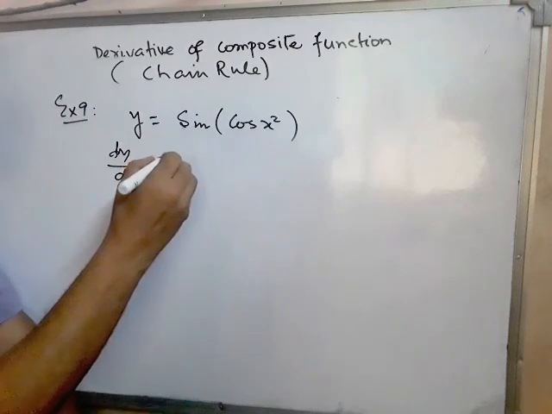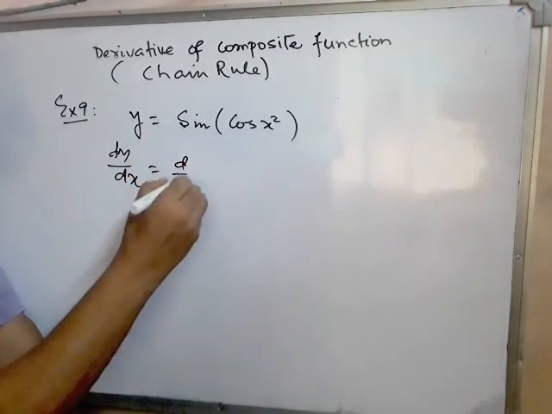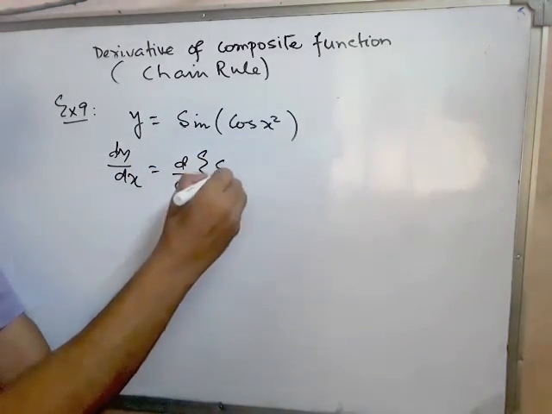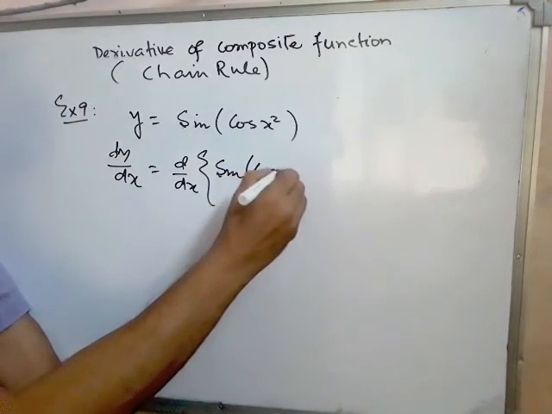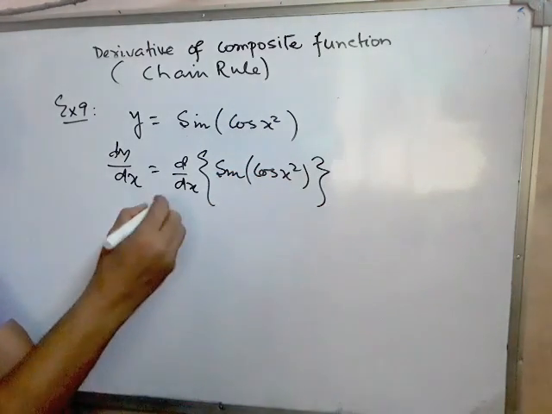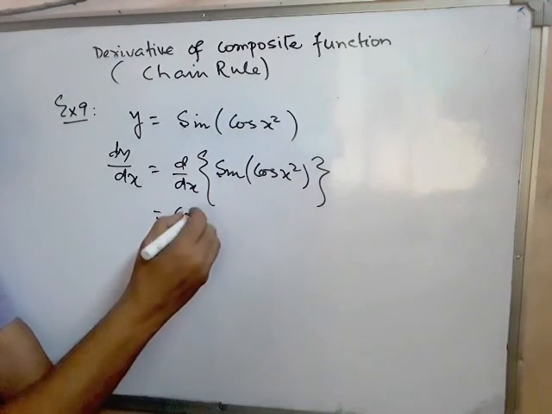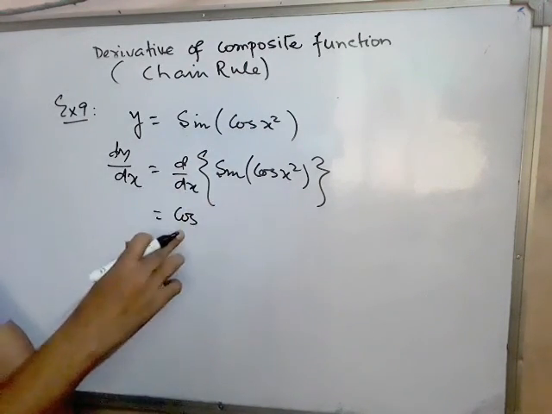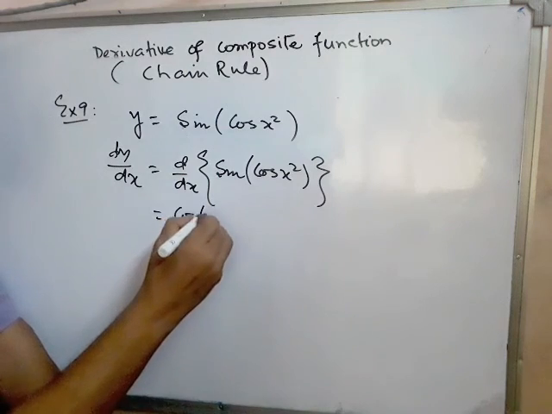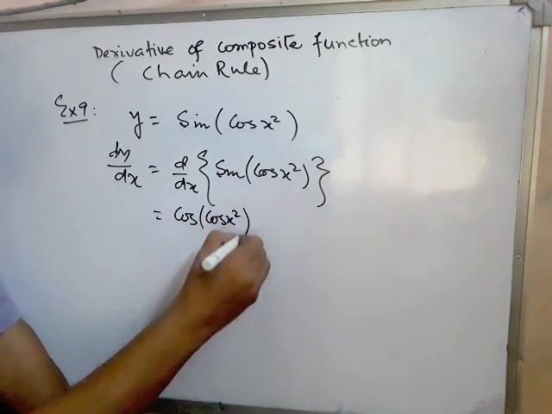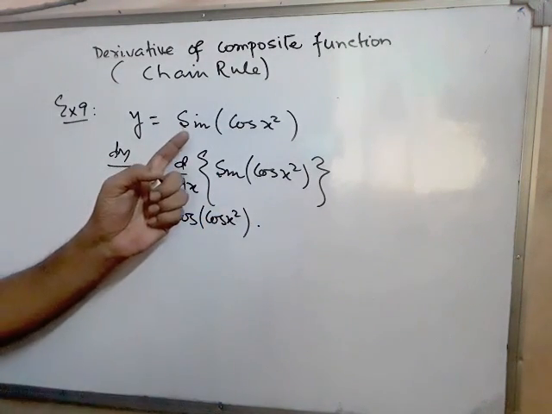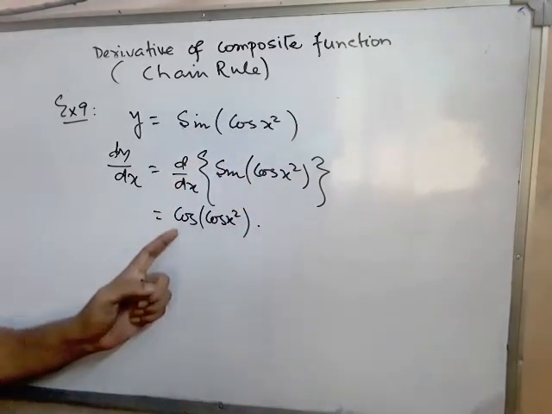So first write down the derivative of sine of cos x square. Derivative of sine u will be cos u. This one changes as cos u. U means here cos x square. So sine u, answer is cos u.